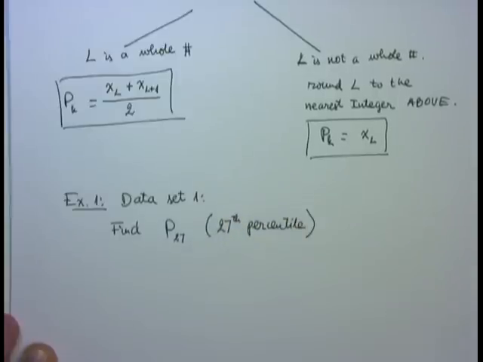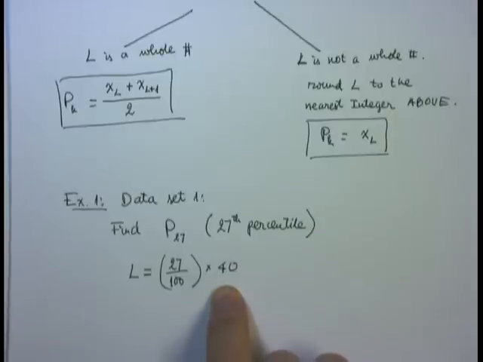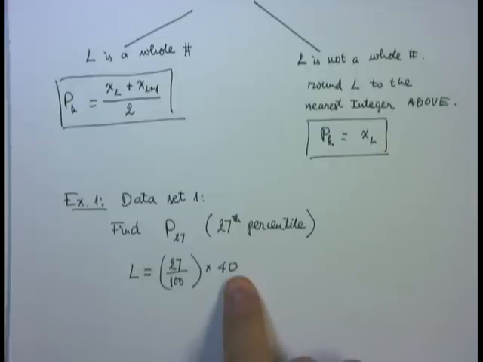To find it, we always need to find a locator first. The locator is found by doing 27 divided by 100 times 40. Now 40 is the total number of data values on my list for data set 1. In data set 1 I have 40 pieces of data, and that's why I multiply by 40.